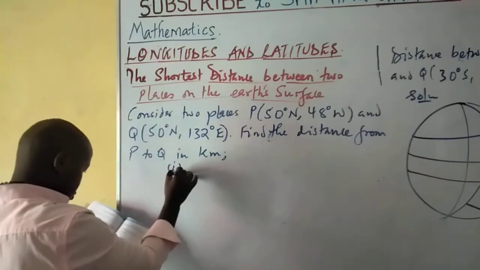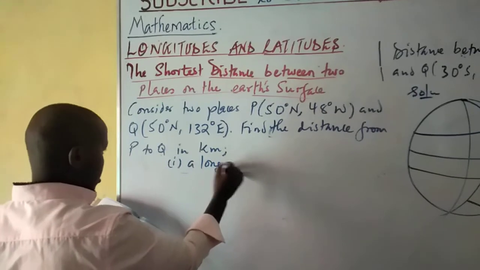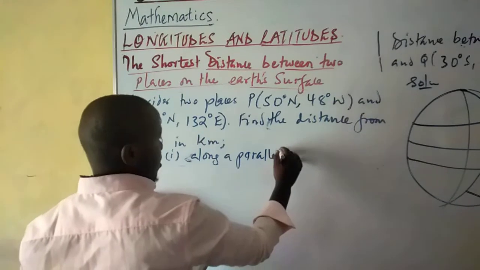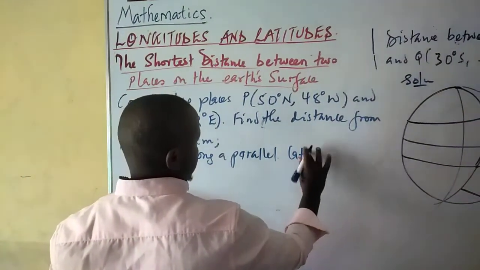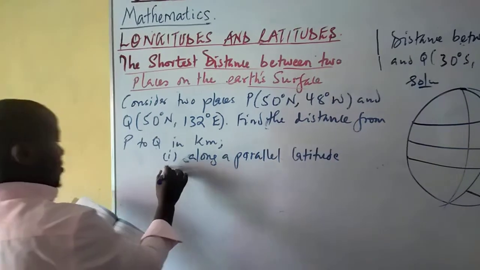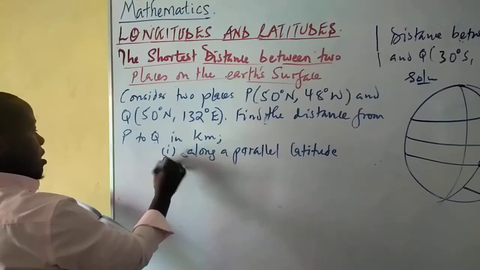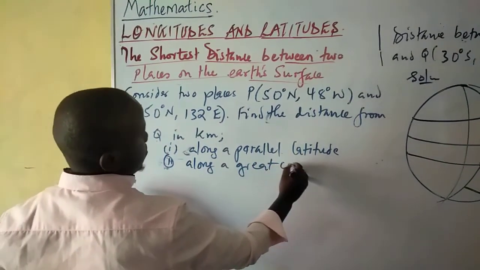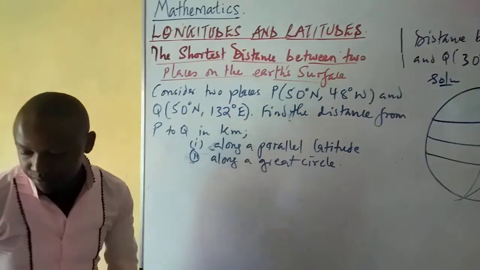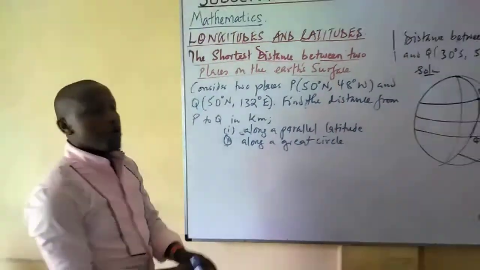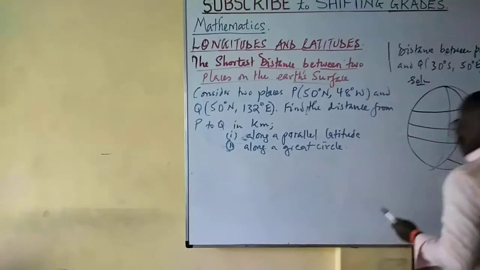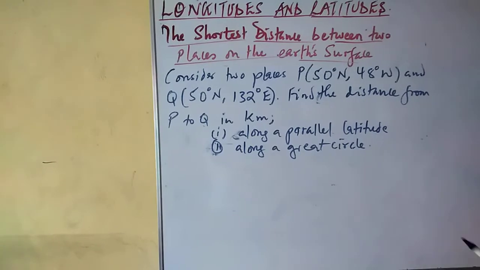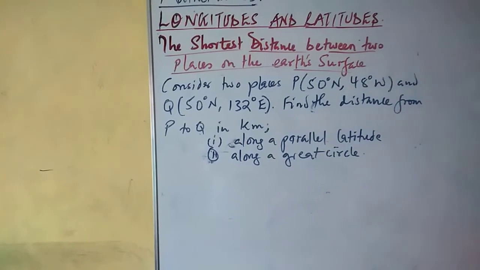Part 1, along a parallel of latitude, and part 2, along a great circle. So that's the question. We are going to consider this case, and from it we shall conclude something.